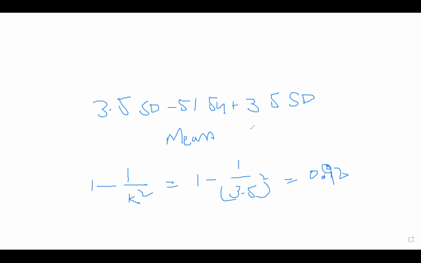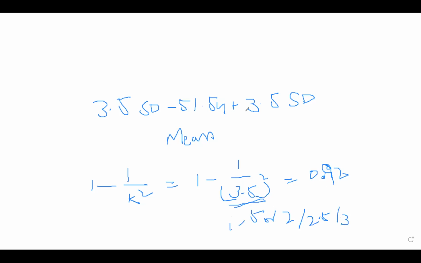Okay, how did we get this 3.5? There is no specific rule for this 3.5. If we want to know how many values lie within plus and minus 3, instead of 3.5 we can say 1.5, or 2, or 2.5, or 3.